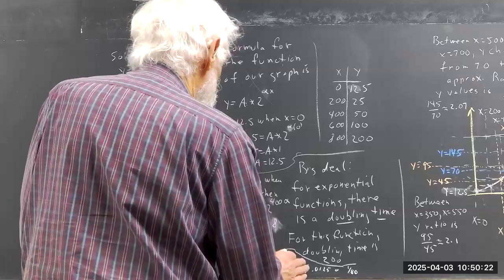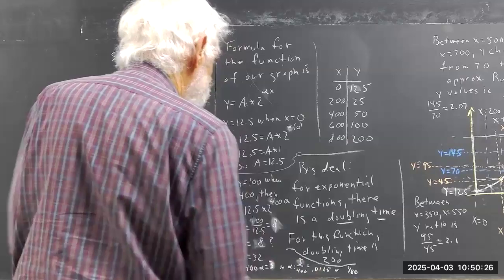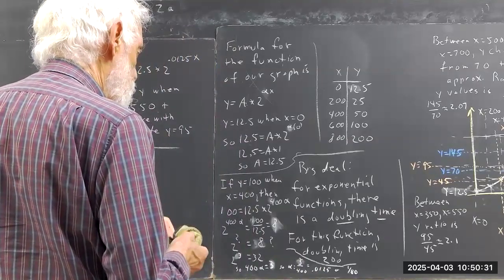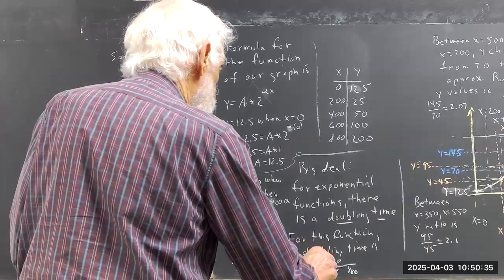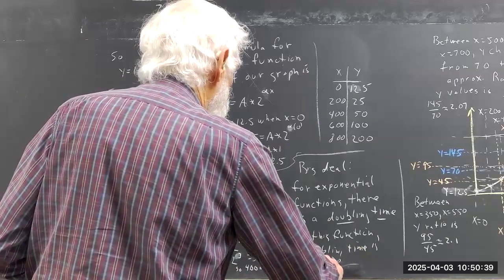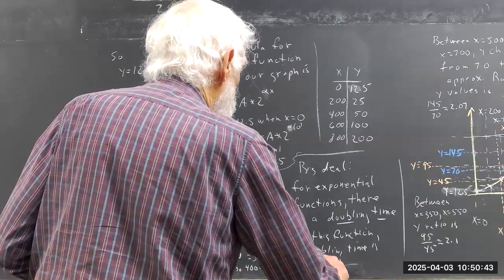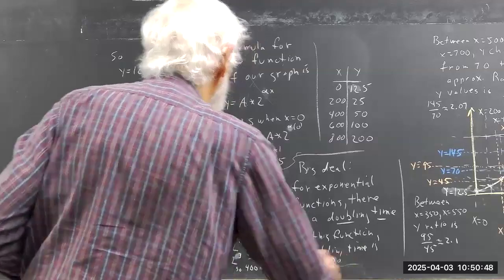Yeah, that's good. So alpha is 3 over 400. And that doesn't reduce. That is equal to 0.0075.